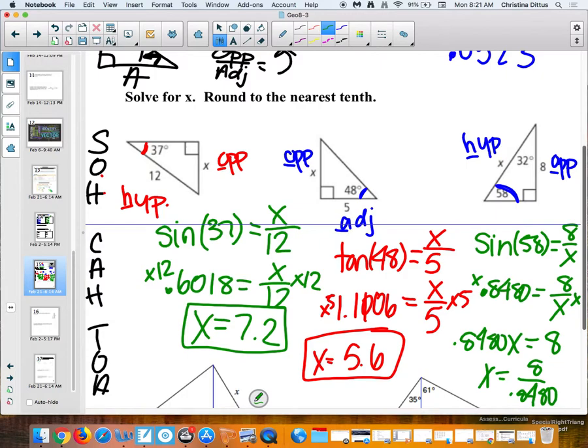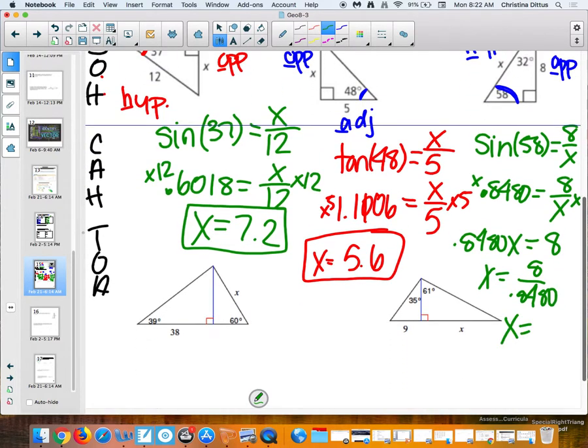Tell me what we get for an answer. 9.4. You gotta take 8 divided by your answer. Okay, so your x should be 9.4.